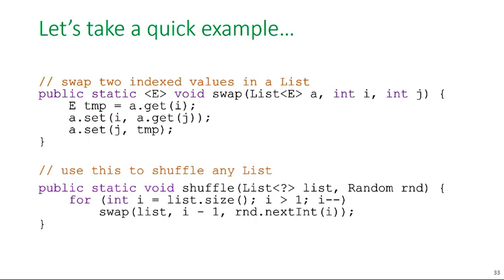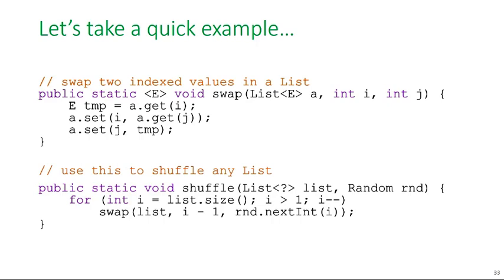So what we do is we start iteration at the end of the list. So the index I starts as the size of the list. We keep iteration going as long as I is greater than 1, decrement I, and then we say I want to swap in my list the element of index I minus 1, so I minus 1 because we started at the size, okay, and that's also why we have to stop at 1, and then a random position in the list.